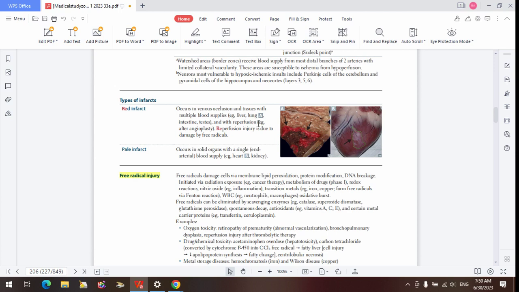It is not another pulmonary artery that is making it have red infarct. It's actually due to another vessel that we call the bronchial artery, coming from the thoracic aorta. They also supply the lung in addition to the pulmonary artery. So if you have a pulmonary embolism occluding blood flow to the lungs, blood supply will continue through the bronchial artery to the lungs, and you have the red infarct.